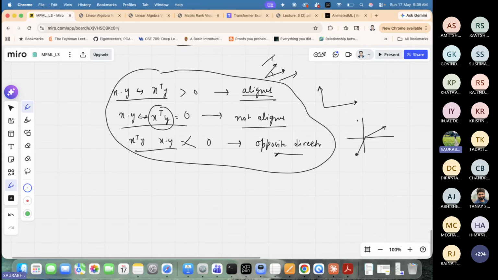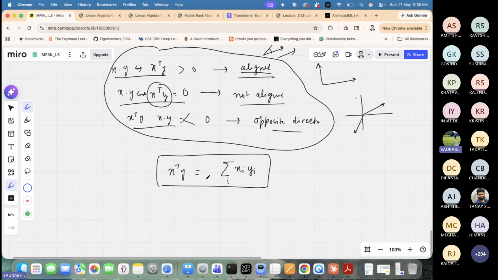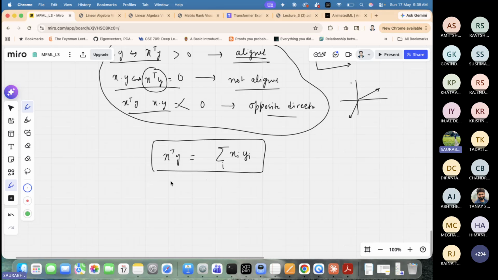Now, you can simply write the dot product as x transpose y, which is nothing but the summation of xi yi over all i. This is how you generally write the formulation of it. The simplest thing I have just told you: if the first vector is positive and the second vector is positive, the dot product would be positive, right?